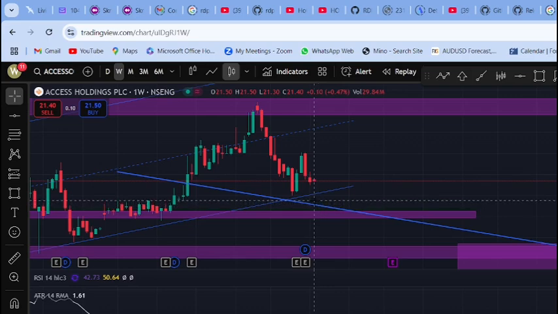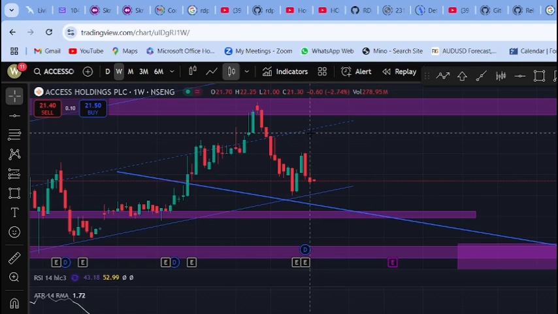Access should do 1 naira 61 kobo. So based on the current ATR, 1 naira 61 kobo, I need to discount that based on the entry, the opening of this particular bar. This week opened at 21 naira 50 kobo.